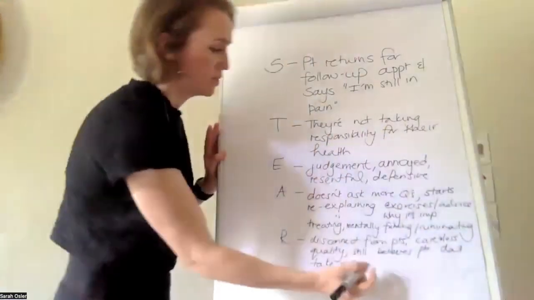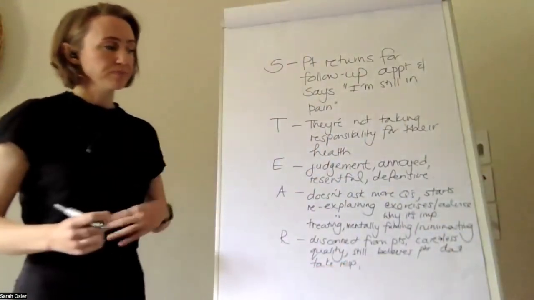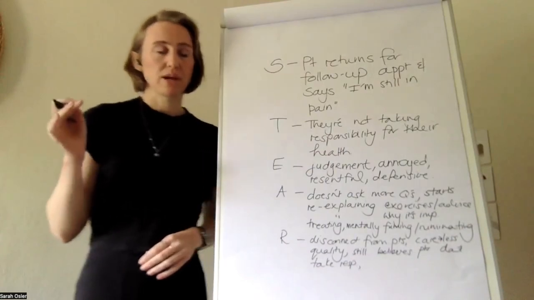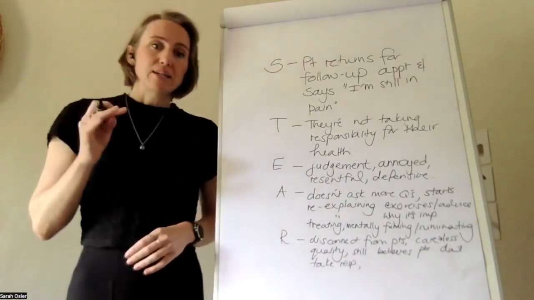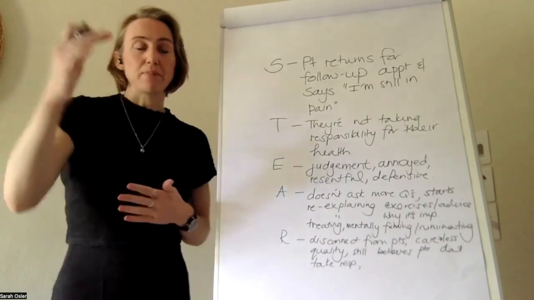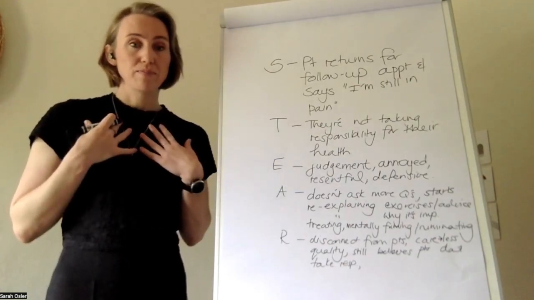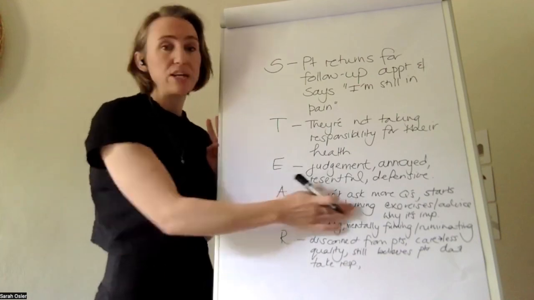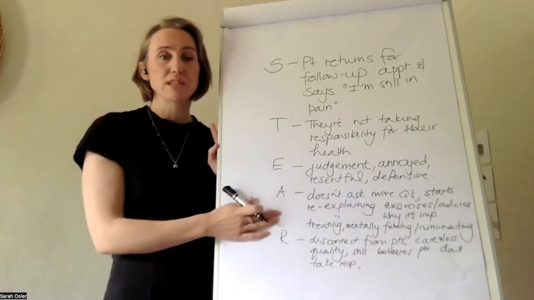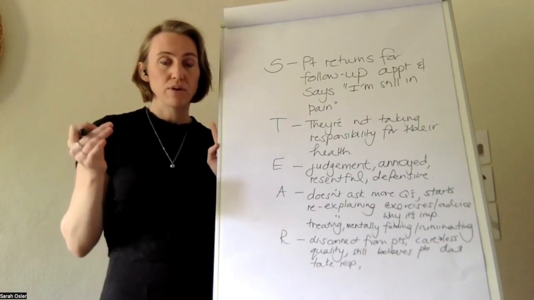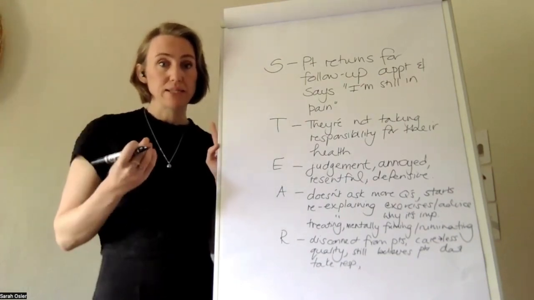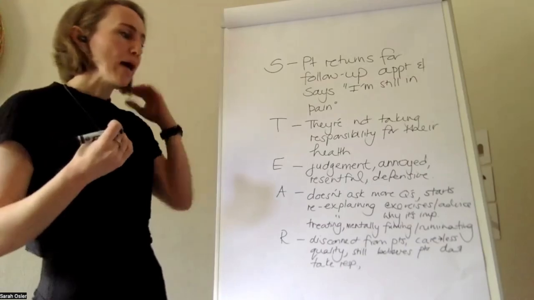And what was really interesting to notice with this particular clinician is that she saw it as, if the patient doesn't take responsibility for their health, then I have to do more. And part of it is in her treatment, she'll then do more because she almost is now compensating for the patient not taking responsibility. That's what she perceives.